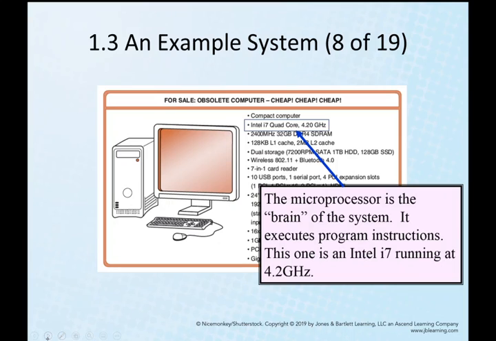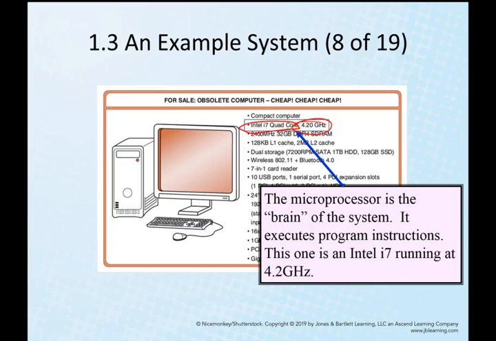The second line talks about the processor, which we know is the brain of a computer. It is an i7 quad core, and its frequency is 4.2 gigahertz.